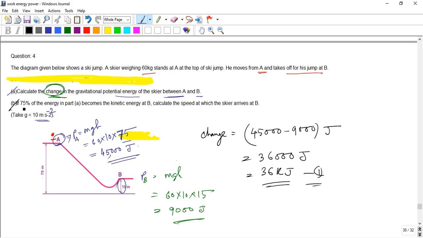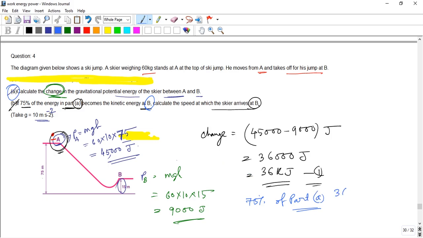Now part B. If 75% of the energy in part A becomes kinetic energy at B, calculate the speed of the skier as they arrive at B. So 75% of the energy in part A. I think part A here means the part 1 answer.